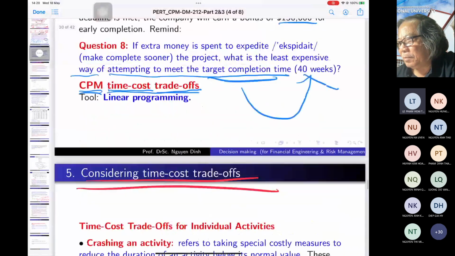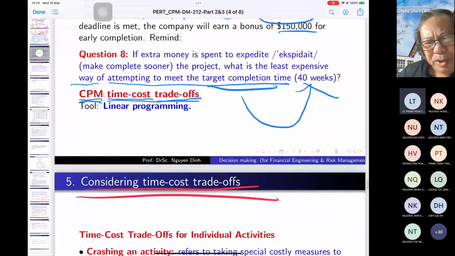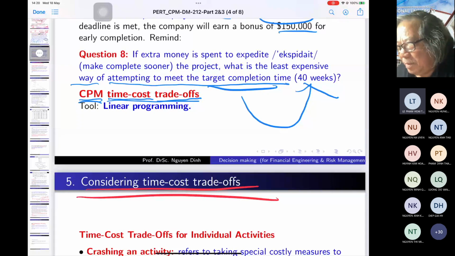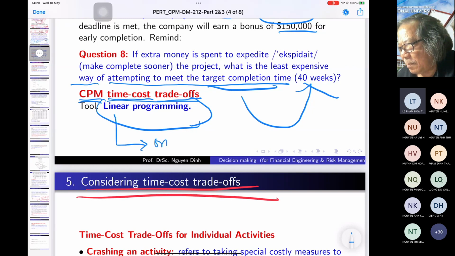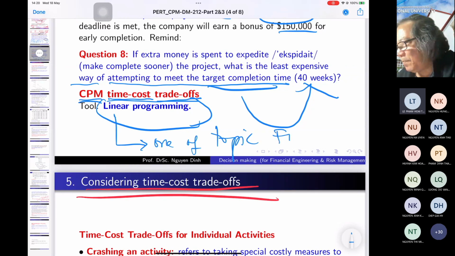And the tool we use, if you have a complicated problem, you can transfer this problem into linear programming, and you solve the linear programming, and that is one of the topics of the final exam.